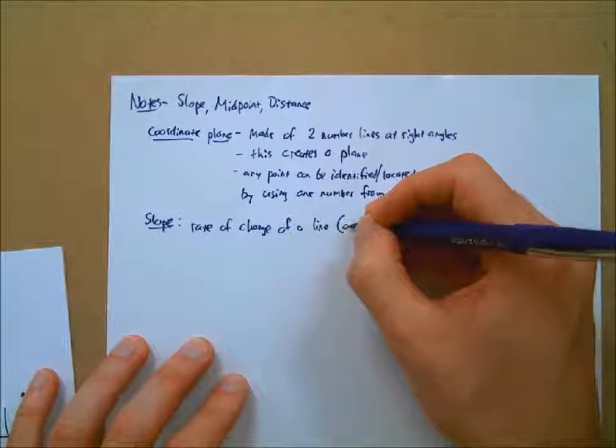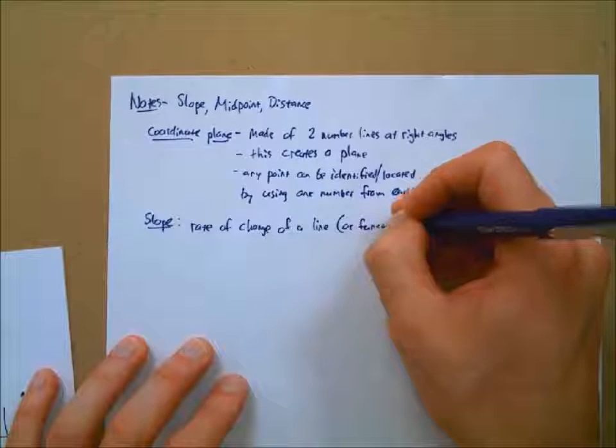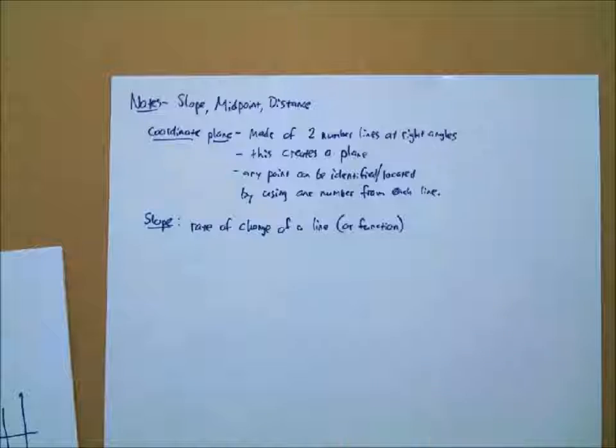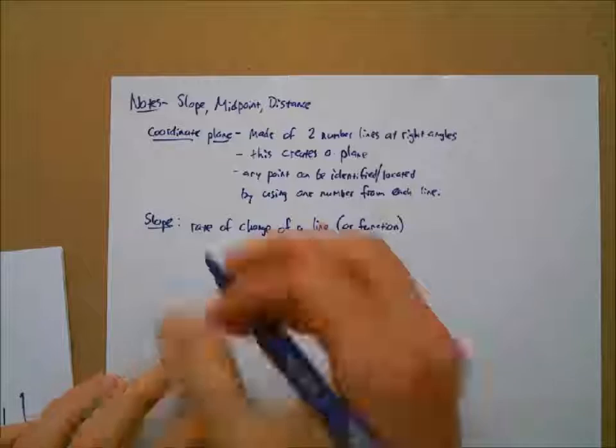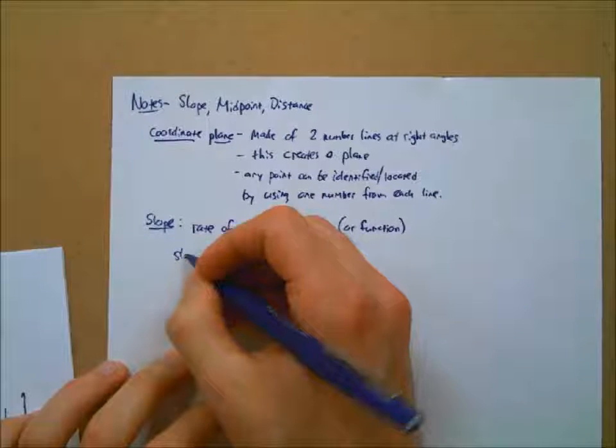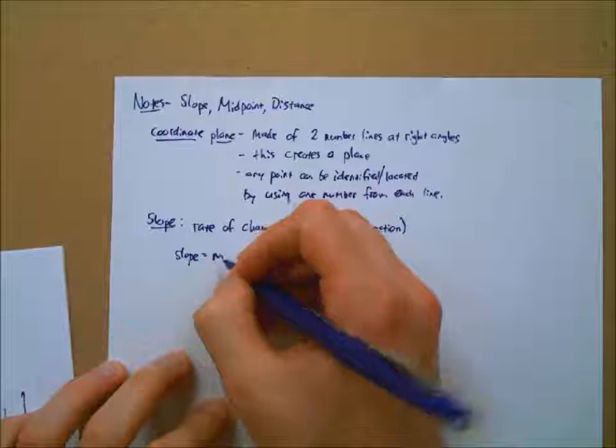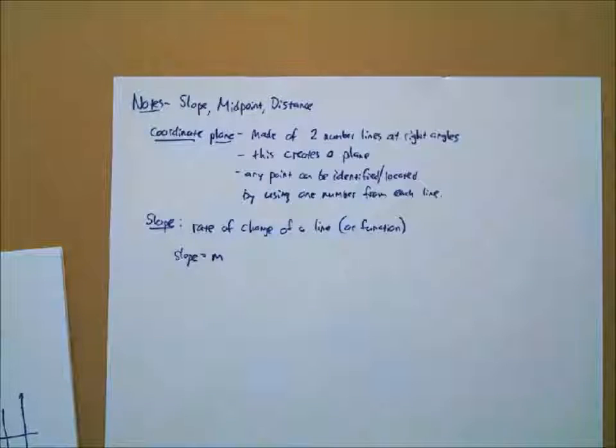In calculus, you'll figure out how to get the rate of change of a function. Okay. The slope, right, is referred to as the variable m, right? Sometimes in math, a concept or an idea is so important, we give it a typical variable. So slope is always m for whatever reason there, okay?